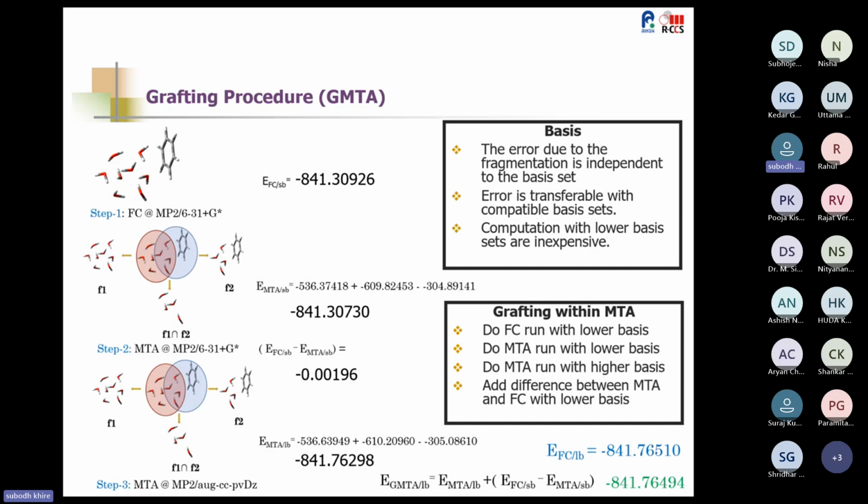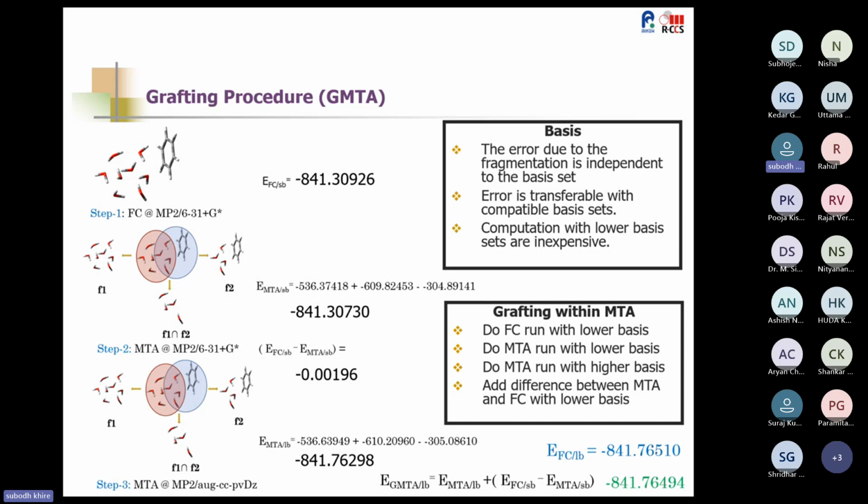Here again, the full SB is the small basis set. You can see the full calculation energy using a small basis set and a higher basis set. The assumption in the basic principle of the grafting procedure is that the error in the fragmentation scheme is almost consistent irrespective of the basis set.